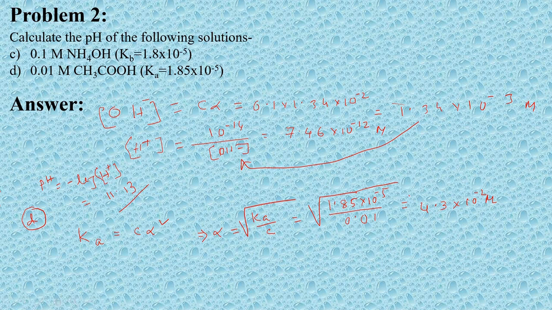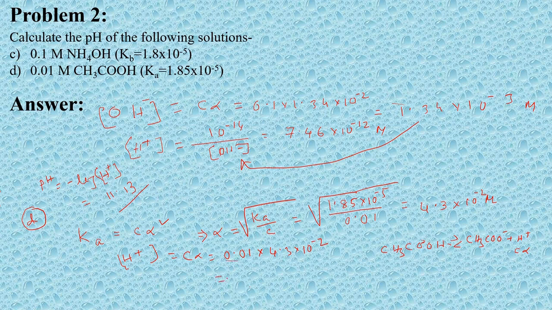If alpha is known, we can get H plus, because acetic acid, CH3COOH, dissociates, so this is C alpha. So H plus concentration is equal to C alpha. The C we know, and alpha is 4.3 into 10 to the power minus 2.